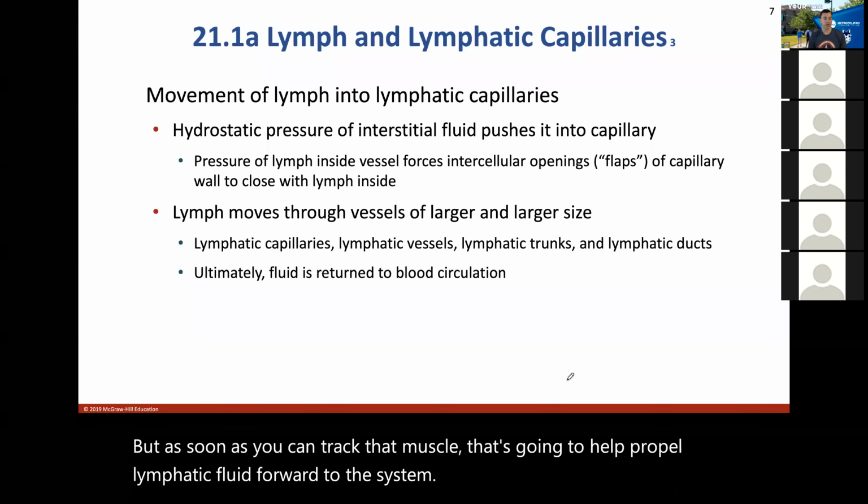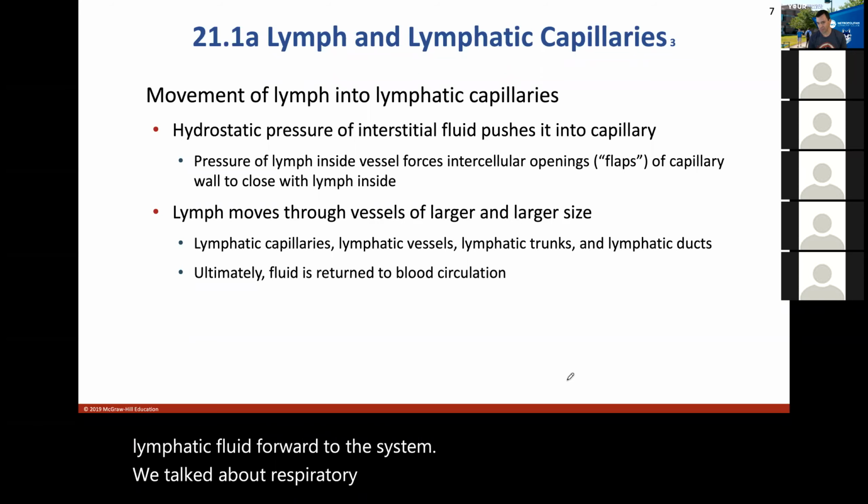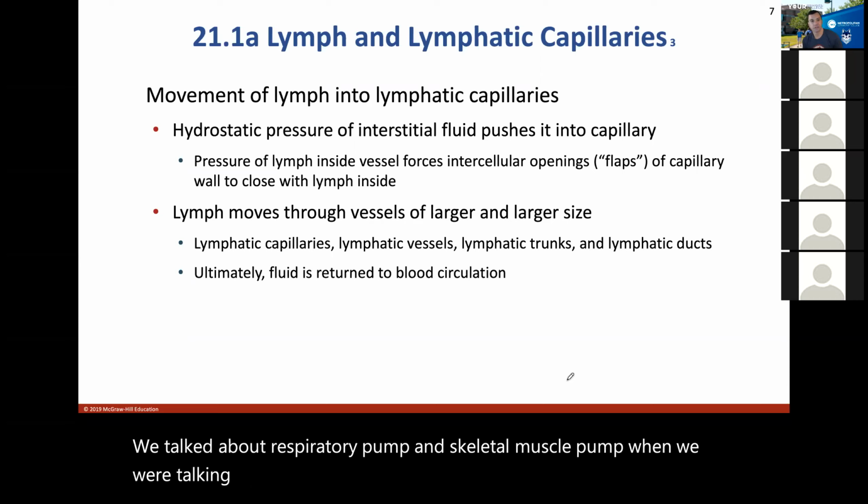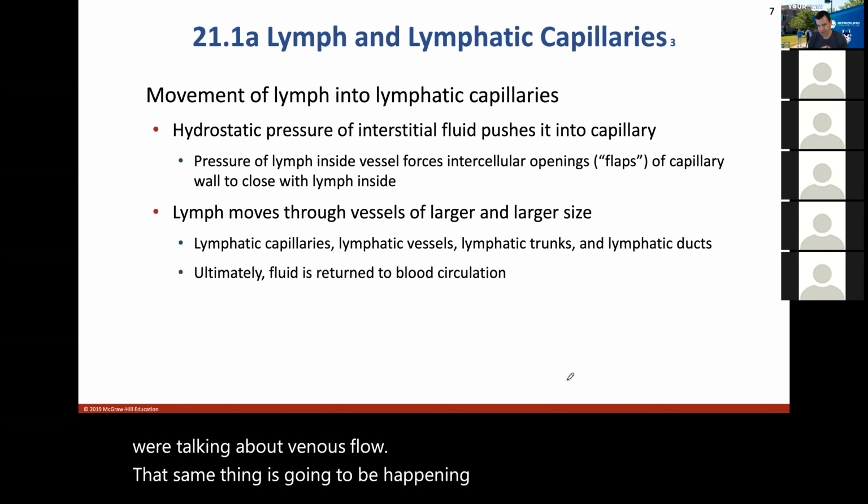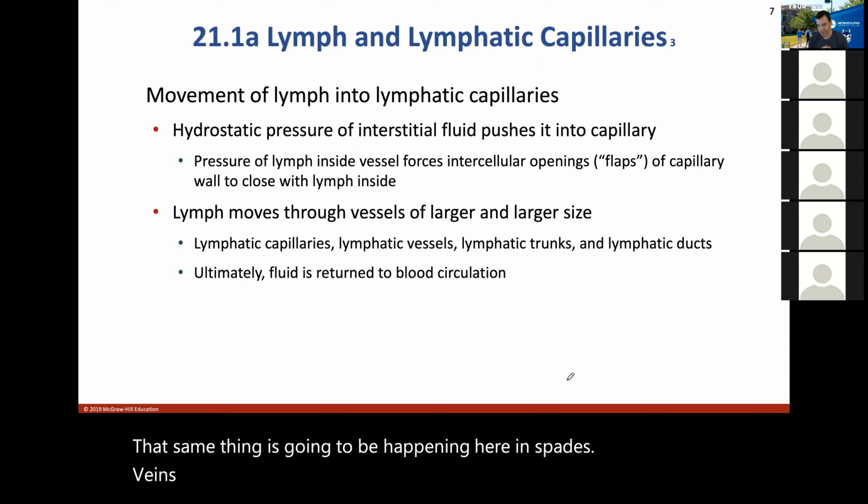We talked about respiratory pump and skeletal muscle pump when we were talking about venous flow. That same thing is going to be happening here in spades. Veins have some tunica media, so they have some ability to vasoconstrict.